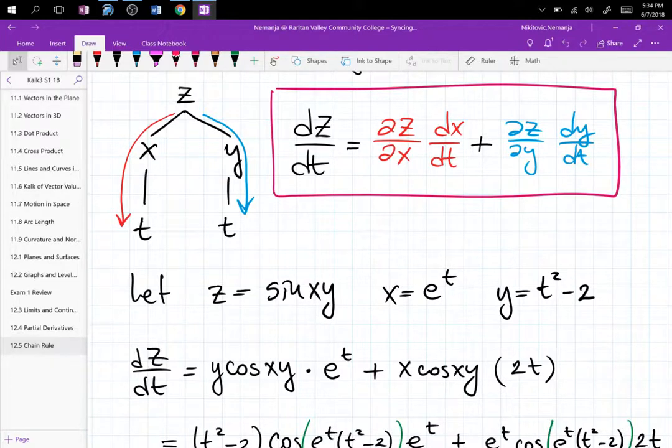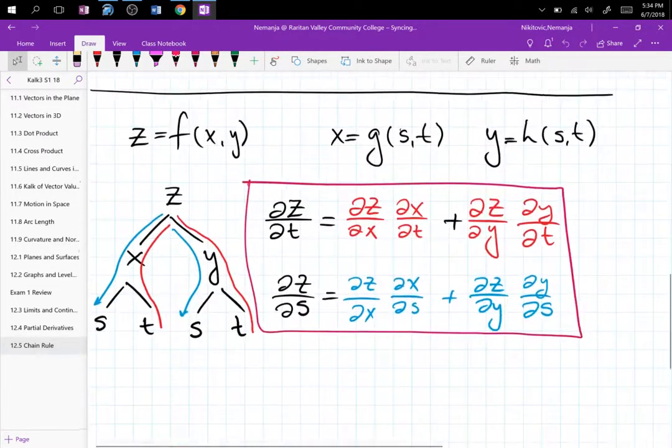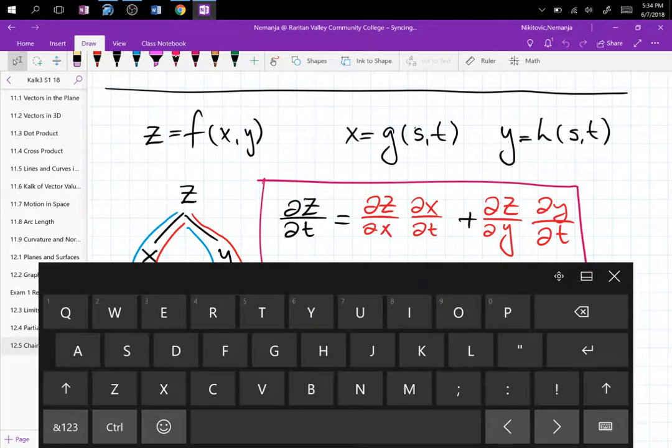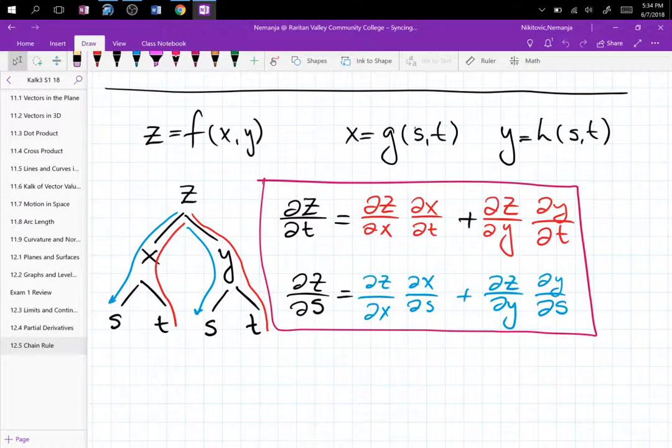But now we have s and t. So we actually have two separate derivatives to worry about. There is a derivative with respect to t, so the red branches should get through to t, and then the blue branches, the blue paths, should get through to s. And why is it partial on the black side over there?